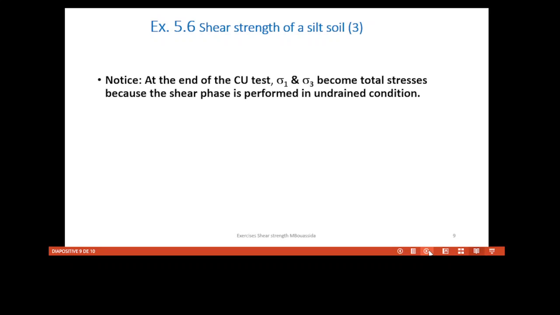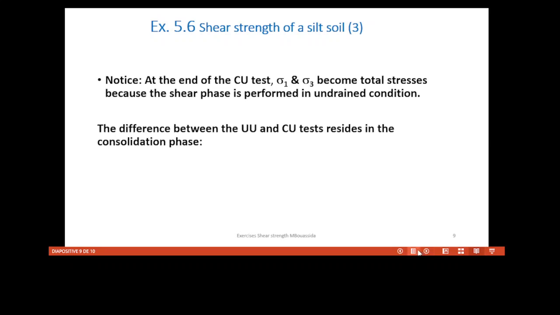So we have to note that at the end of the consolidated undrained test, the sigma 1 and sigma 3 in the failure phase become total stresses, because the shear phase is performed in undrained conditions. That was mentioned in the first question. When the shear phase is performed rapidly, we are in undrained conditions.